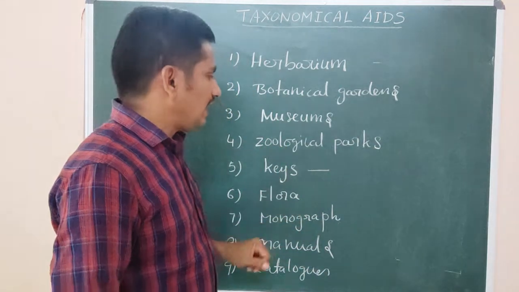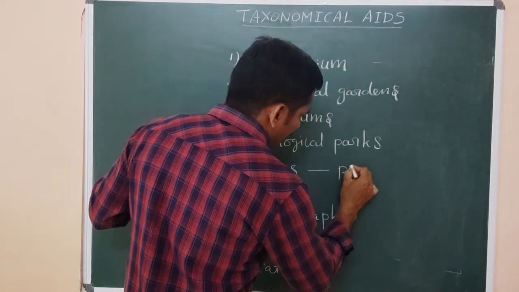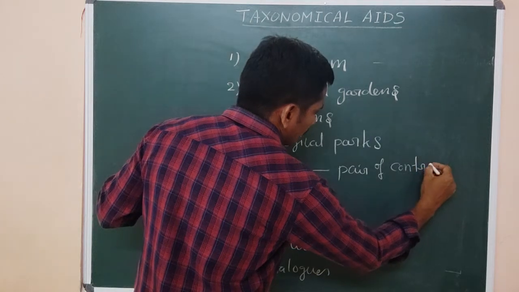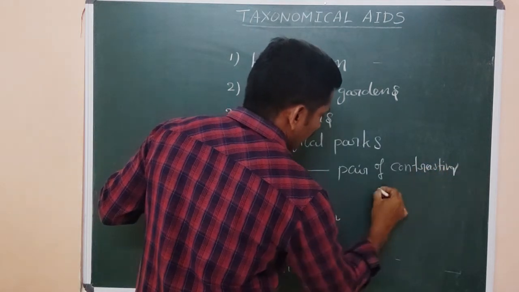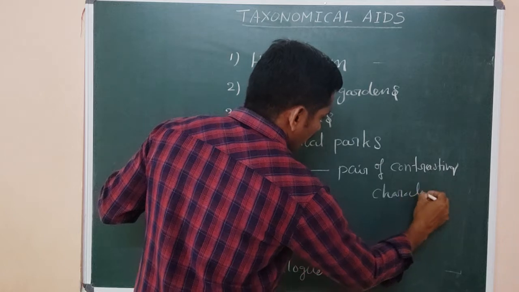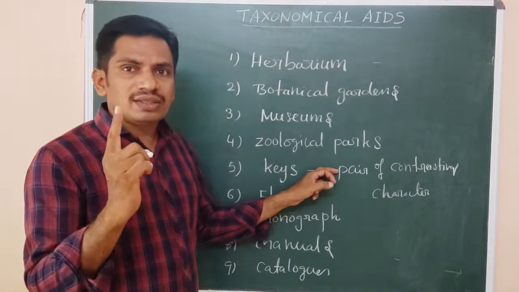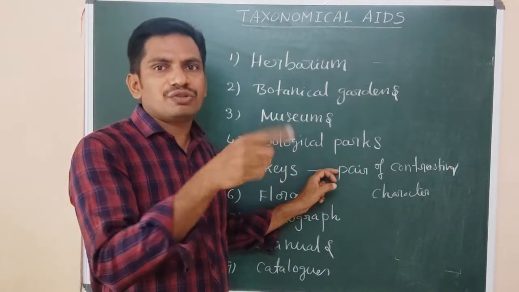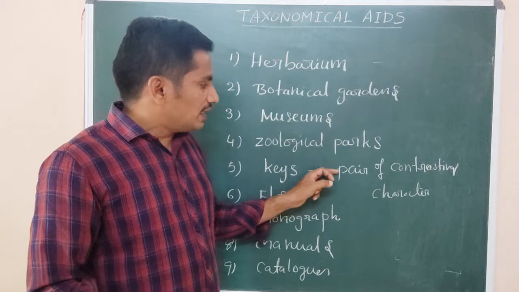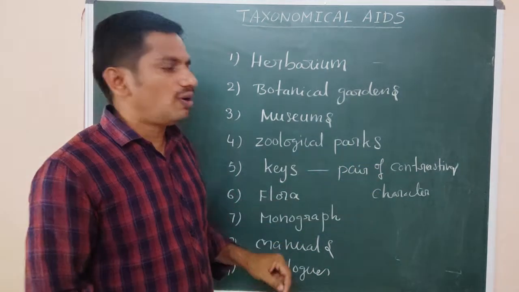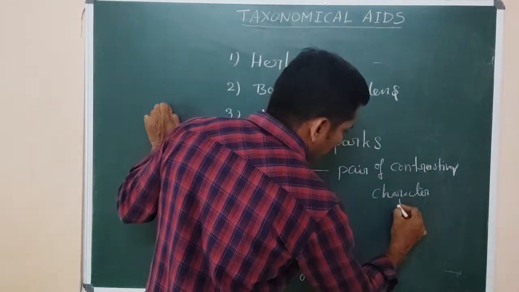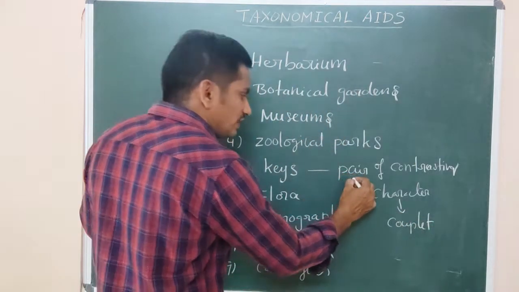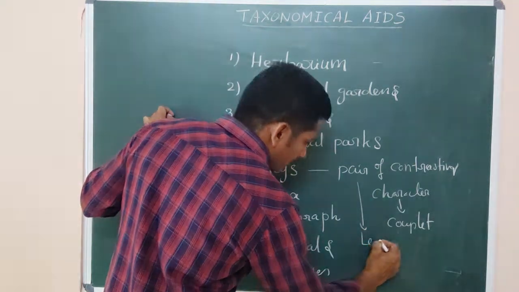Like that, every key has one pair of contrasting characters. One of these fails to explain or satisfy the organism, and the other one is right. That pair of characters is called a couplet, right? Each one is called a lead.